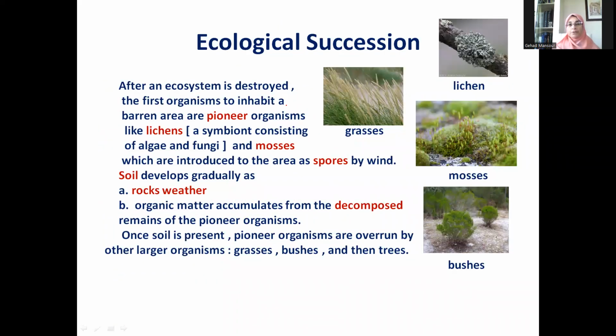So after any ecosystem is destroyed, and we're talking now about destruction plus soil destruction, so even the soil has been destroyed, here we need a very important group of organisms to firstly inhabit this barren area, and we call them the pioneer organisms, meaning that these should be organisms that can survive in an area that has been devoid of any living organisms, and even non-living things like the soil.